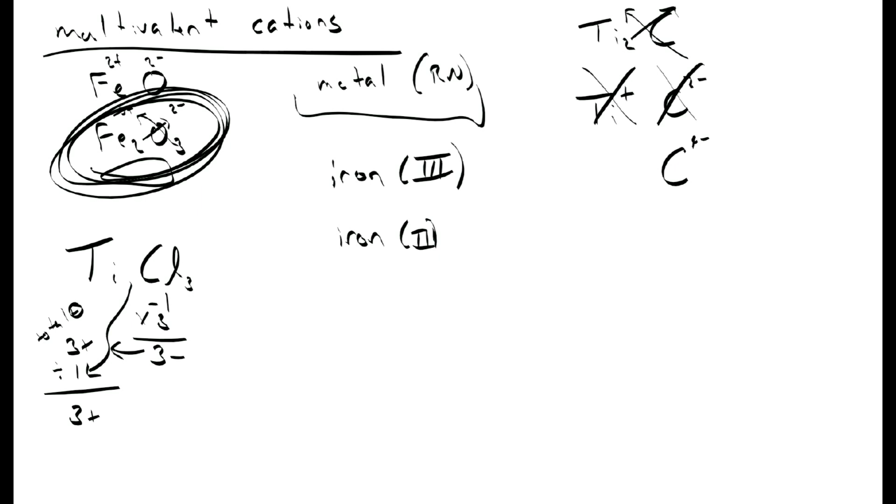So that means that in order to balance it, you need a total positive charge of 4+. So you need to divide by 2, 2+. So that would be titanium 2+, carbon 4-.